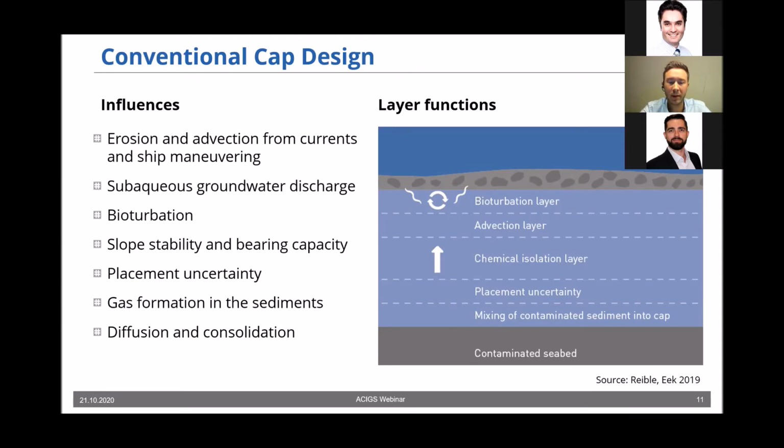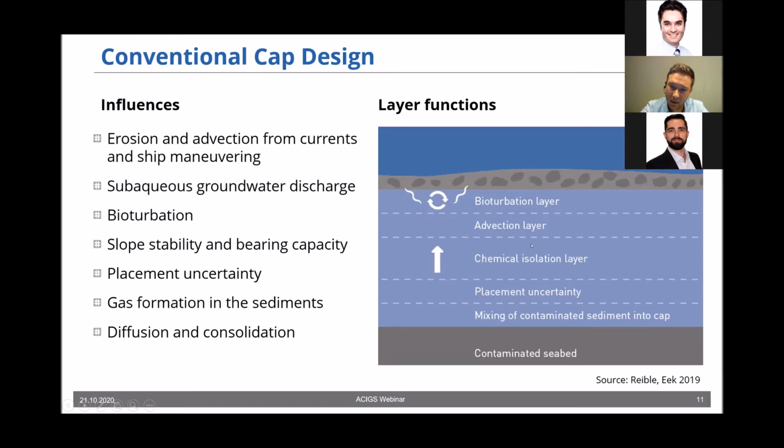And for all these influences, to make sure that our sand cap really survives them, we need a certain thickness for the different layer functions. We need a certain thickness for the bioturbation layer, for the advection, for placement uncertainties and the mixing.